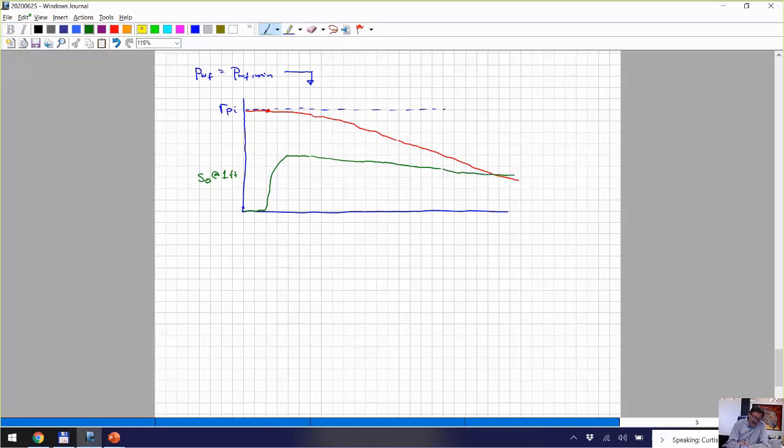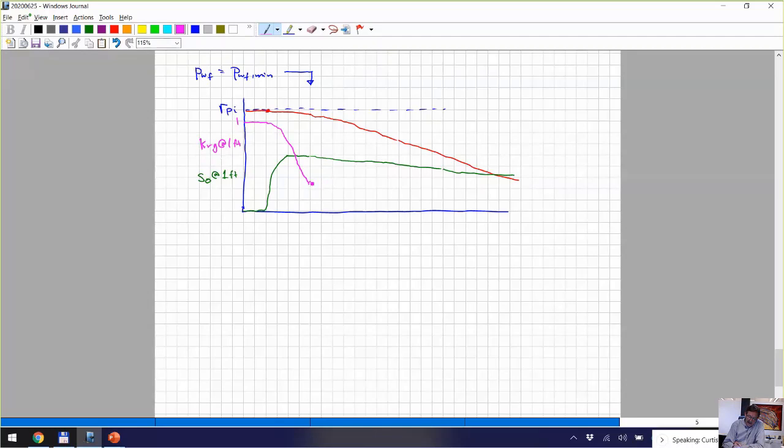But the KRG, which I'm going to put in pink, KRG at 1 foot, it starts here at 1, then it goes down like that. And it's going to reach, oh, that's probably too high. So here, this is the worst KRG you're going to get.